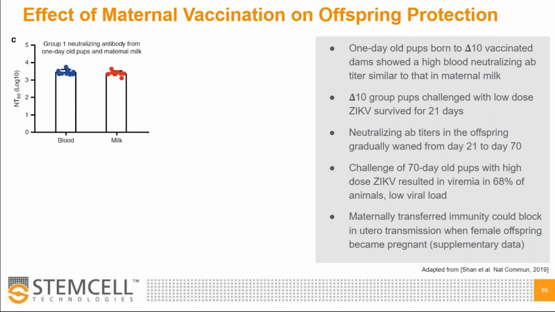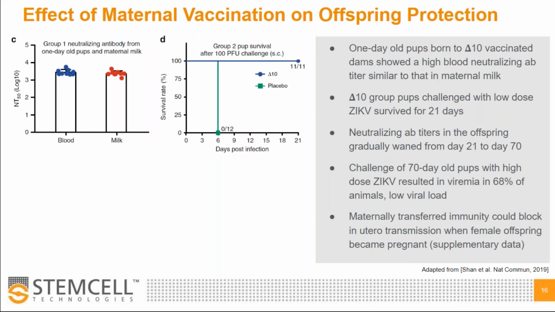Looking at the first group, where they just looked at the neutralizing antibody titers in 1-day-old pups' blood and maternal milk, they saw that 1-day-old pups born to Delta 10 vaccinated mice had a high neutralizing antibody titer in both blood and maternal milk.